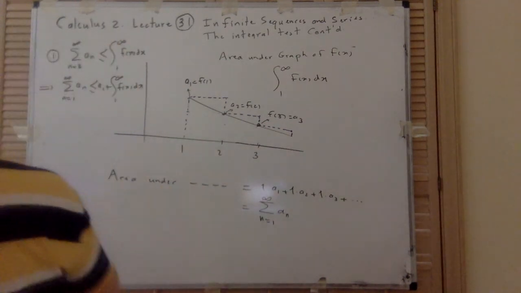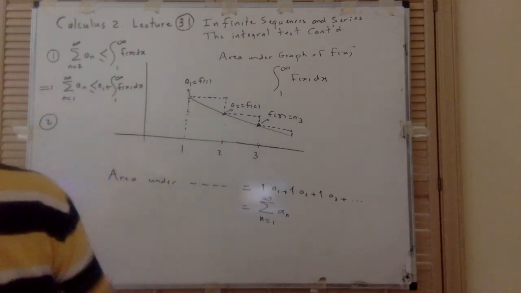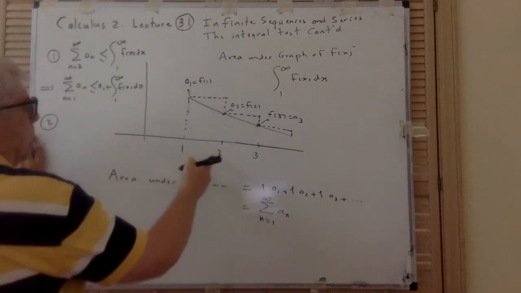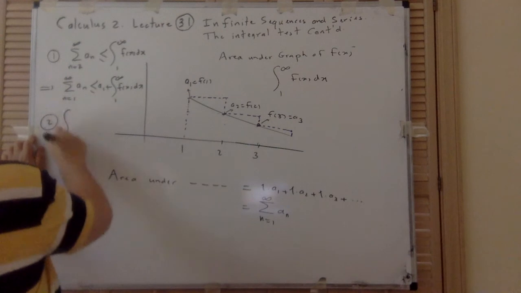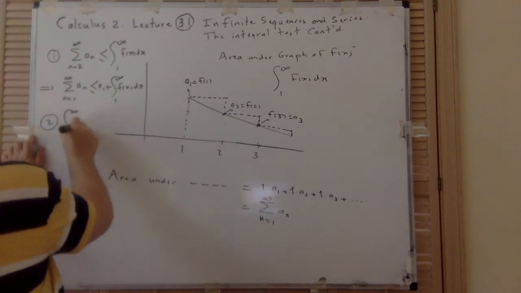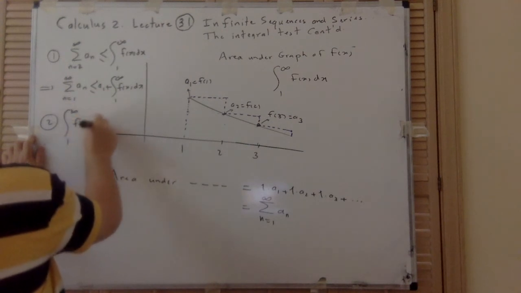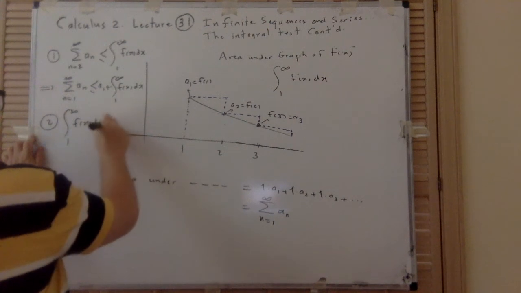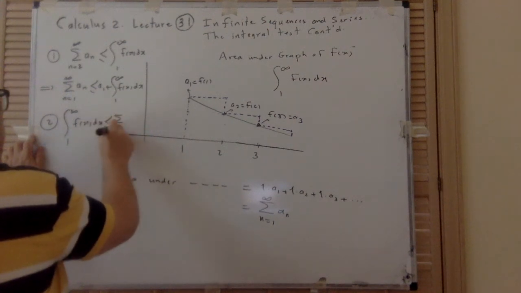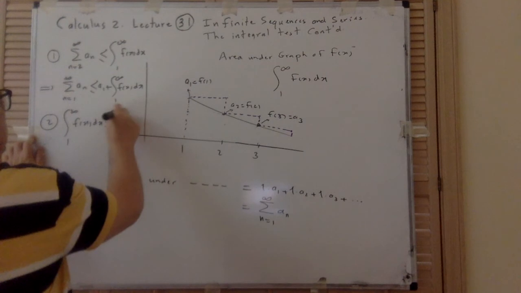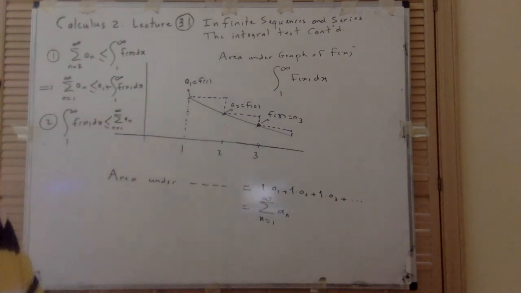So I can say that this integral from 1 to infinity of f(x) dx is less than this sum from 1 to infinity of a_n. Right?